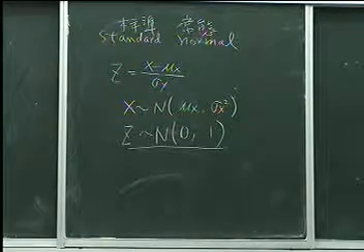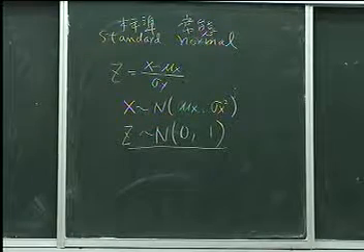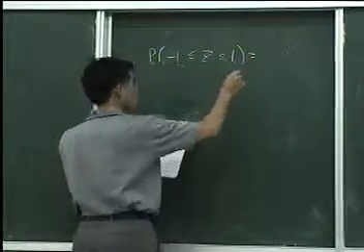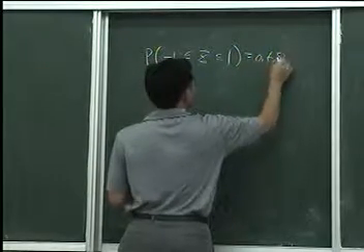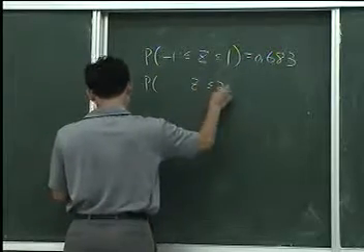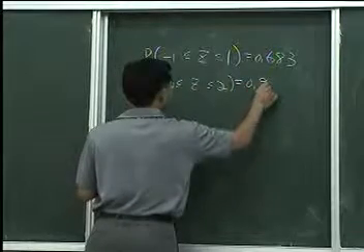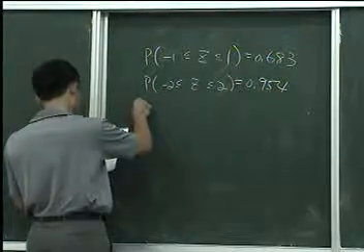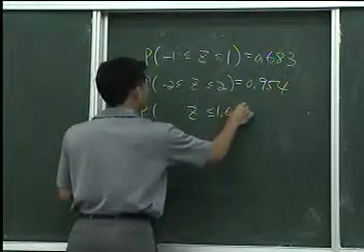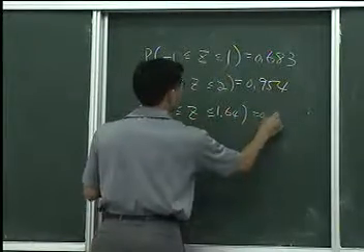If P of Z between 1 and negative 1, this probability is equal to 0.683, and the probability between 2 and negative 2 is equal to 0.954. For Z between 1.64 and negative 1.64, you get 0.90.